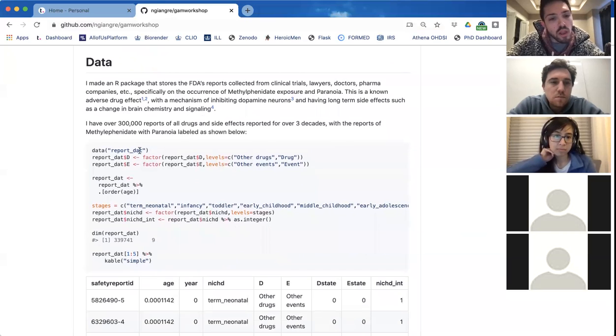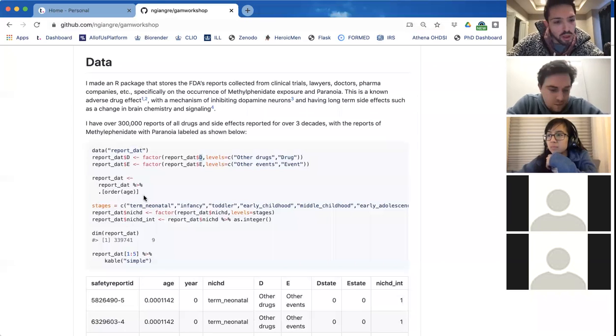The data from the package can be loaded by the data function report. I do some simple conversions: what's loaded as integers I make a factor. And no, this is a character column, but I order it on this factor, and then I order the data frame by age.